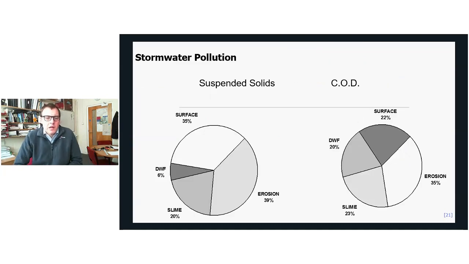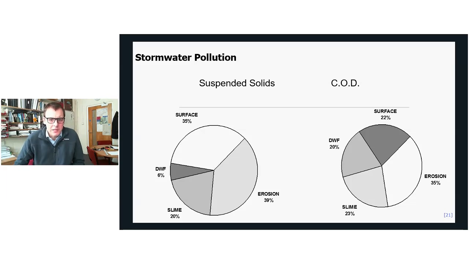So this really looks at the characteristics of the suspended solids in a sewerage system. You've got suspended solids by mass on the left, and on the right we've got chemical oxygen demand, which in this context is an illustration of how polluted the sewage is.